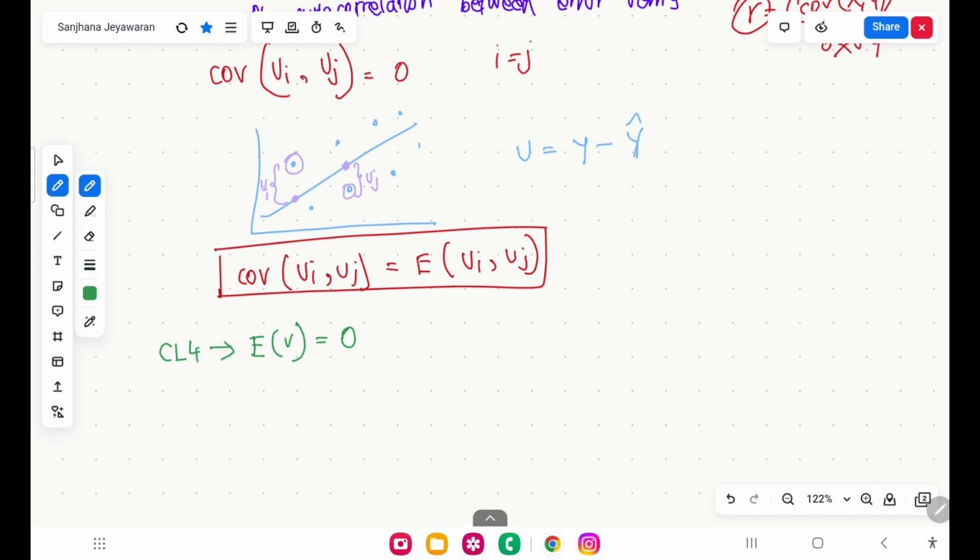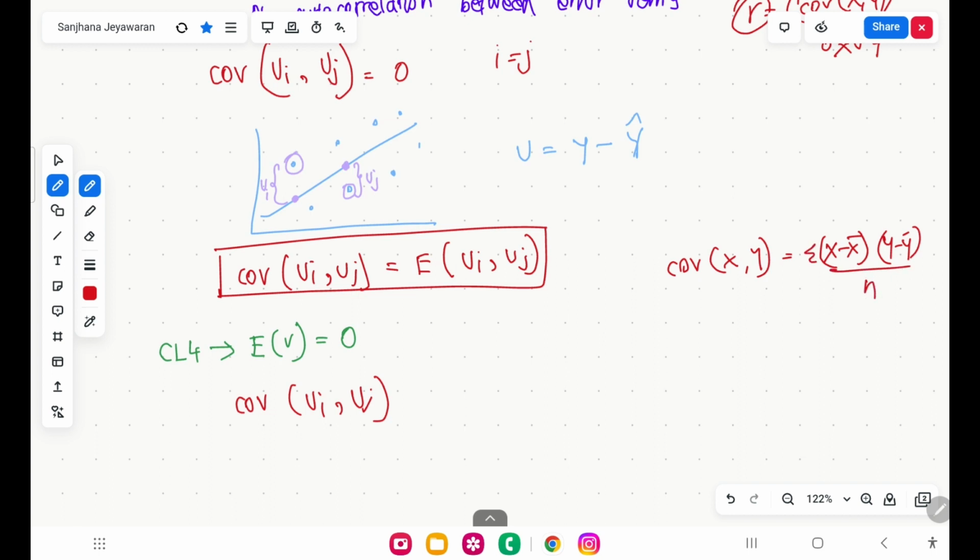Considering that, now if I write the covariance of ui and uj, how do you usually write the covariance, guys? Remember, covariance of x and y: we take x minus x bar, y minus y bar, divided by n.